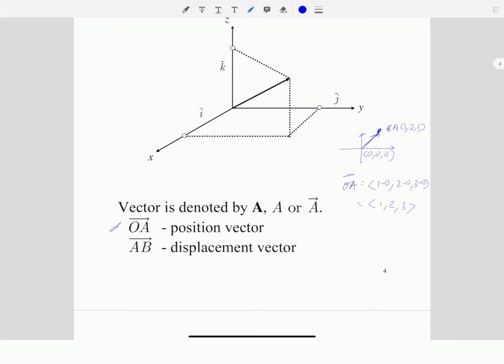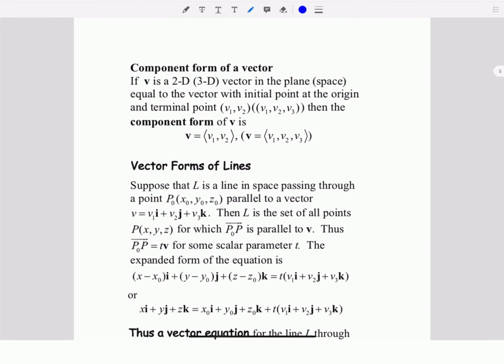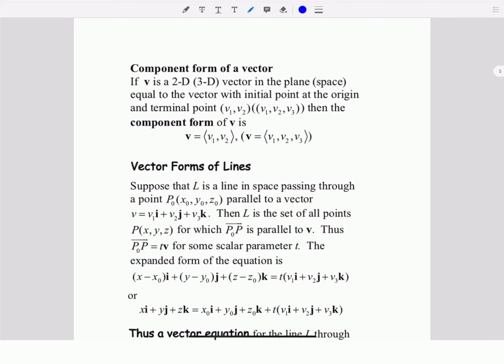For the displacement vector, if we have another vector B, we can get the vector for the direction. As for components, we have either V1, V2, or V1, V2, V3. V1, V2 is in 2D, and V1, V2, V3 is in 3D.